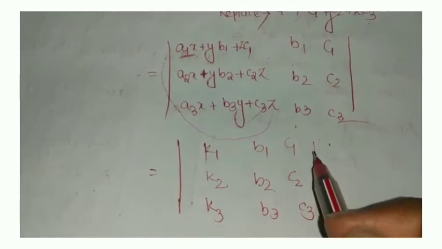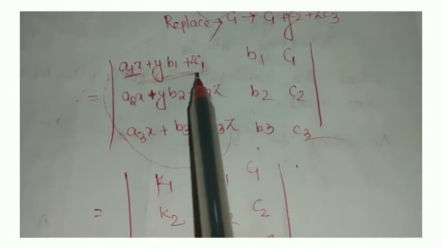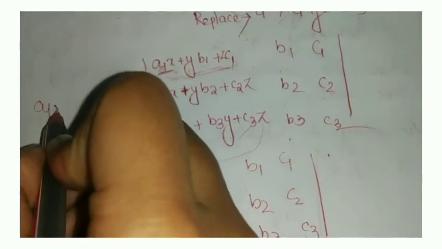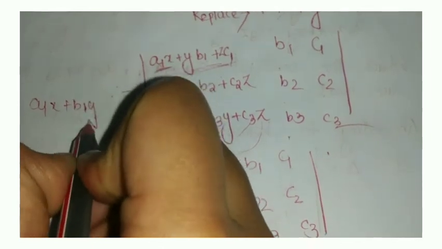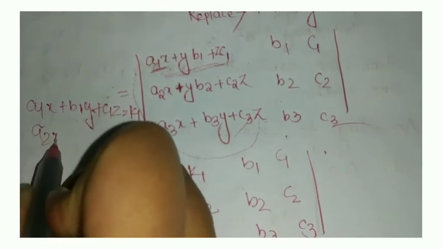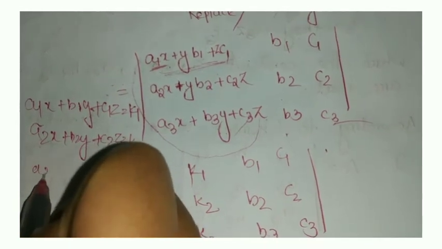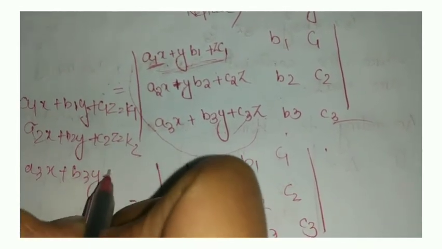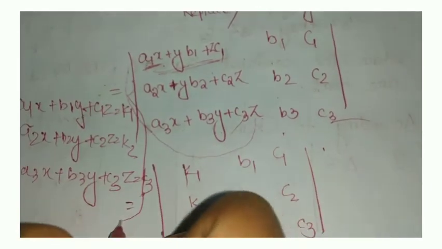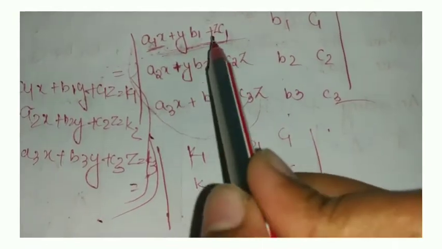Then we have this value as k1. As we considered, the three linear equations are a1x plus b1y plus c1z is equal to k1, a2x plus b2y plus c2z is equal to k2, and a3x plus b3y plus c3z is equal to k3.